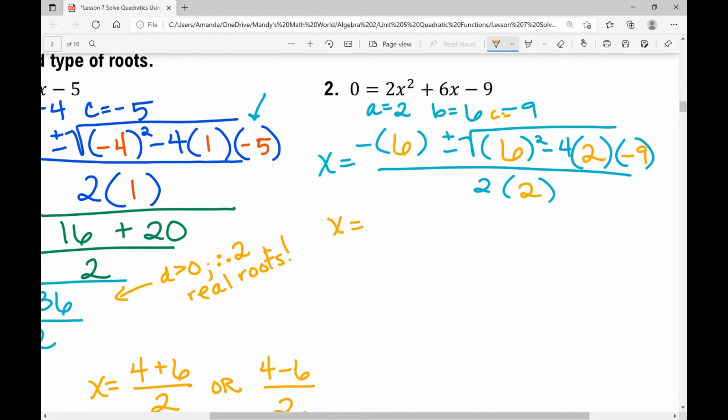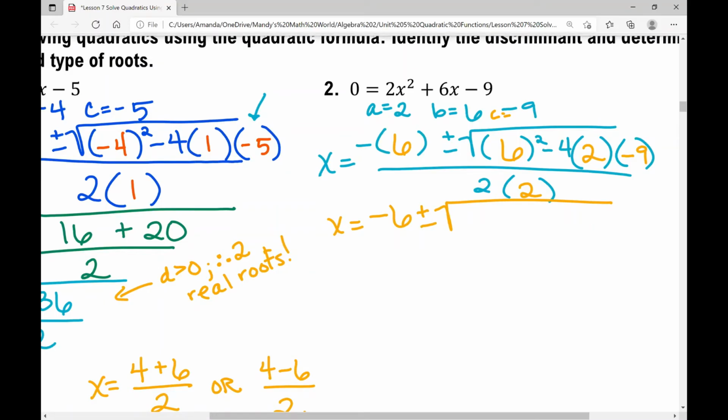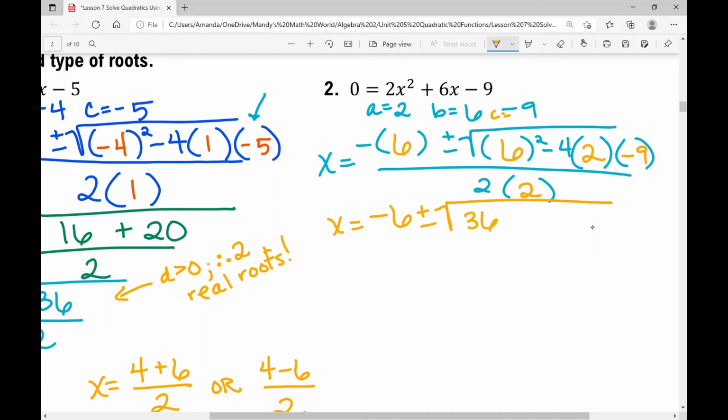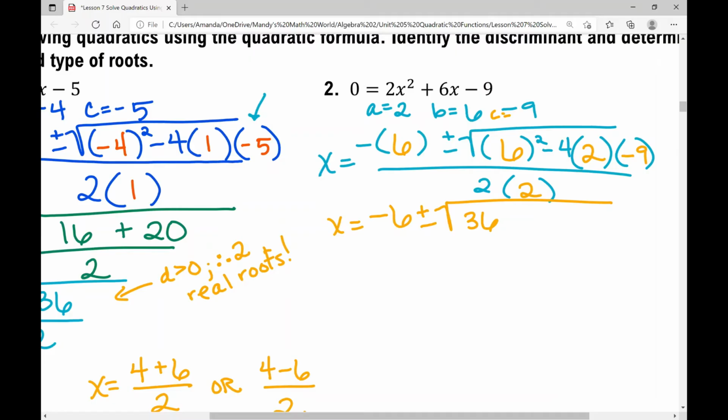X equals the opposite of b, that's -6, plus or minus, let's simplify this discriminant. B squared, 6 squared is 36, minus 4 times a times c, or -4 times 2, which is -8. -8 times -9 is positive 72 over 4.